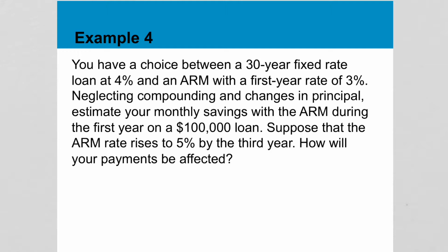Okay, so a 4% fixed rate loan, you're going to gain interest of 4% for the first year. We don't have to use the big lump formula because we're just talking about 1 year. So $4,000 for the first year.